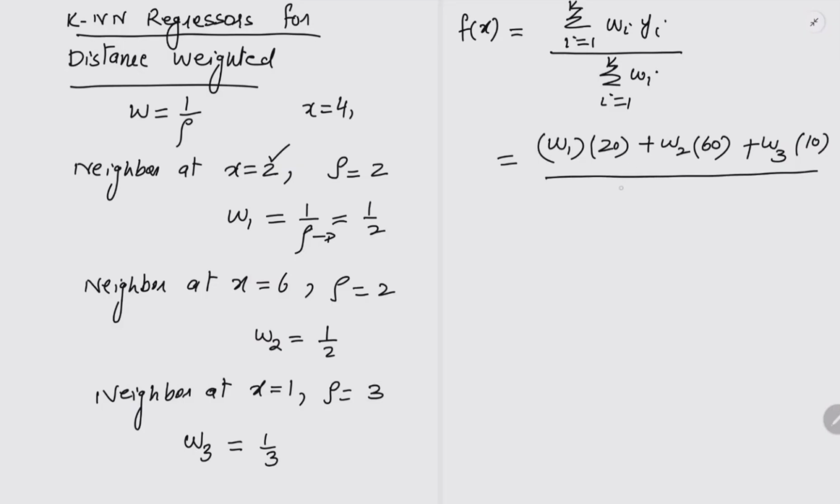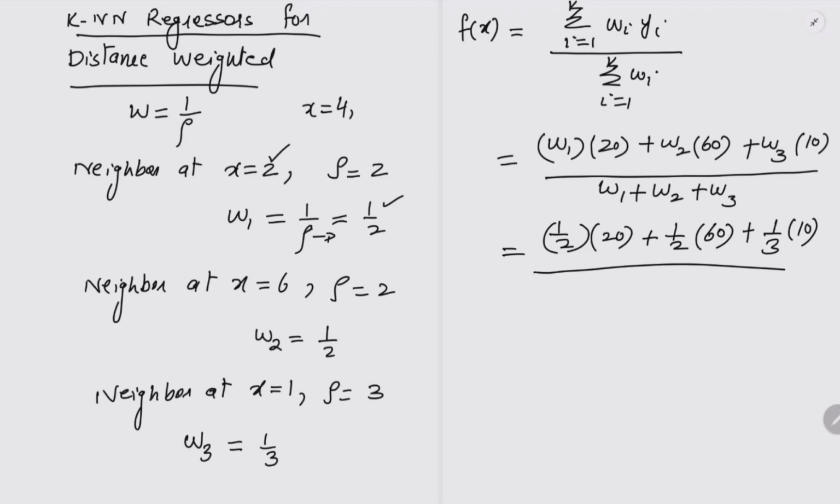In the denominator, we have these three weights added together. W1 is 1 by 2, W2 is 1 by 2, W3 is 1 over 3.